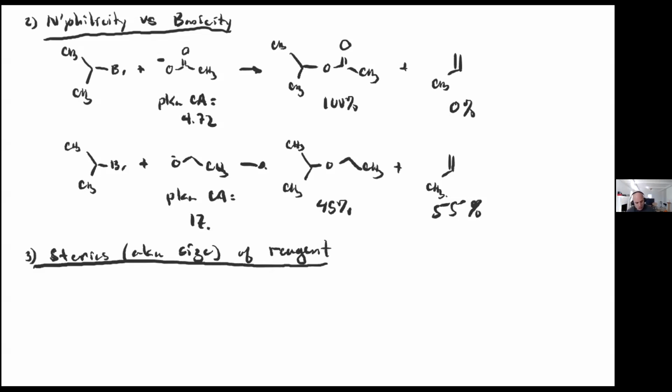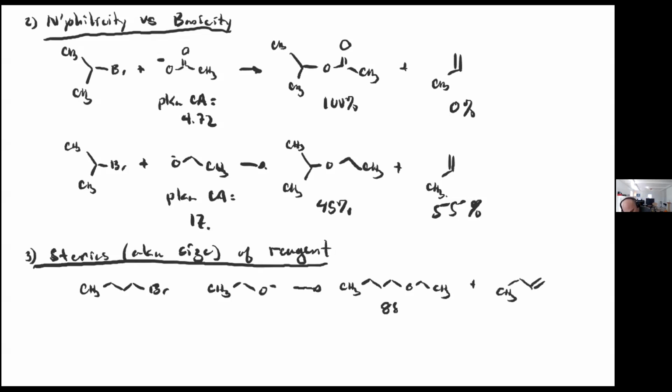Okay, and so if you take a simple primary alkyl bromide and treat that with ethoxide, you're going to get mostly the substitution product and a little bit of the elimination product. So this is about 88% and this is about 12%. Okay.